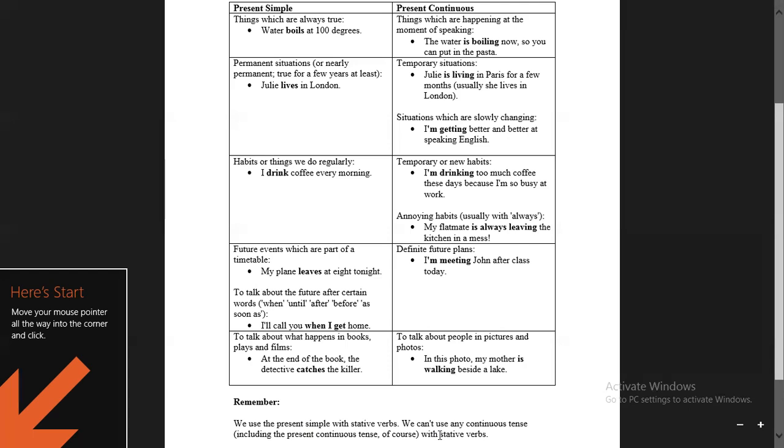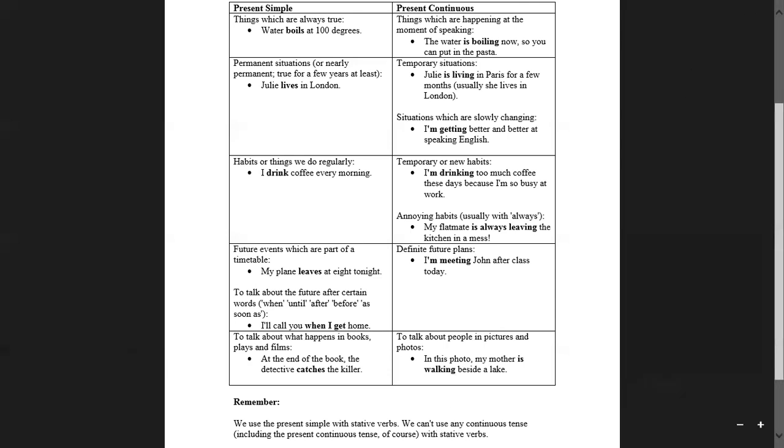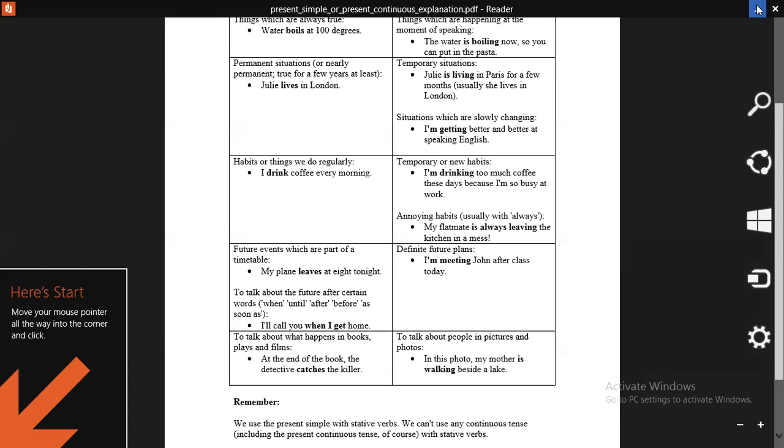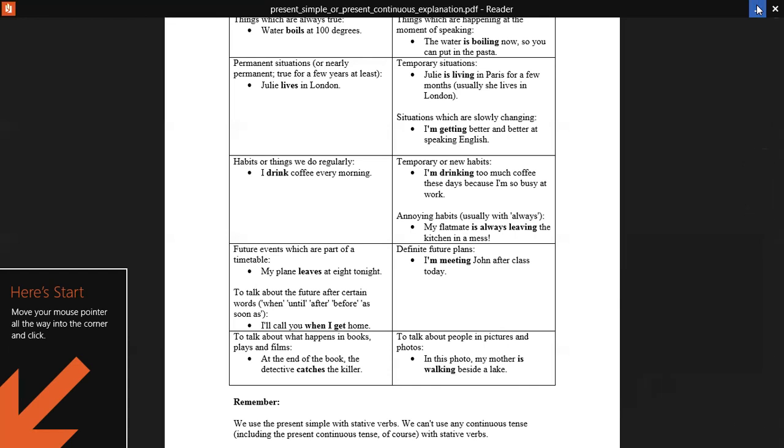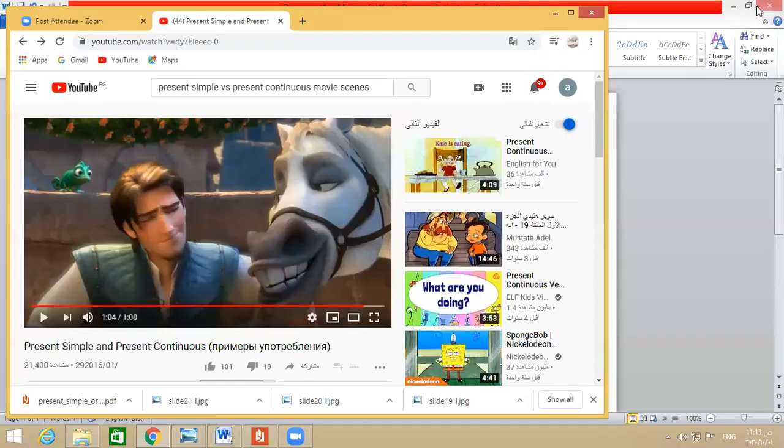Remember, stative verbs is another lesson we're going to look at, inshallah, the following lesson in the grammar. So now we only focus on the difference between the simple present and the present continuous by looking at the difference in uses. Okay, now we are going to go to some examples with the form of each tense.